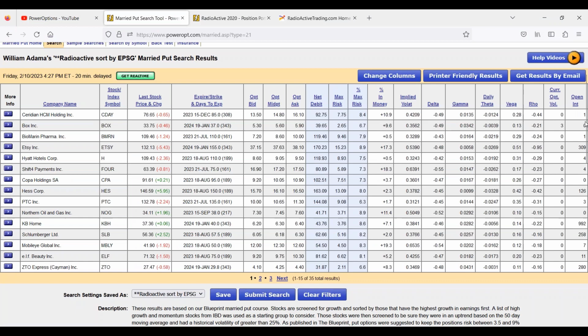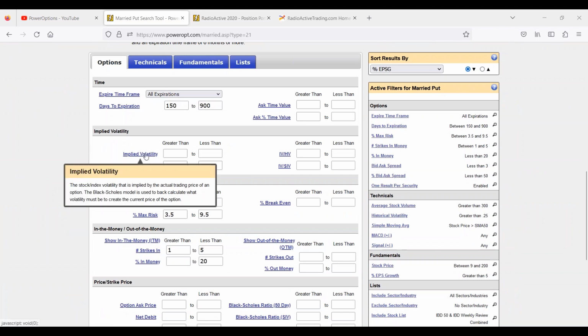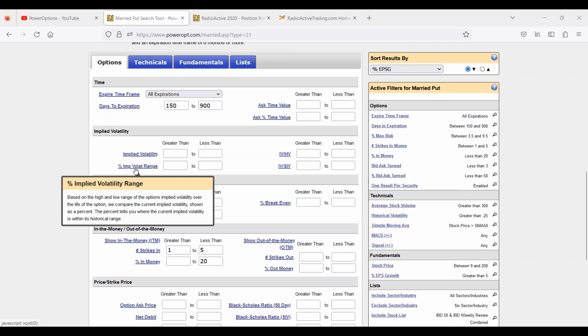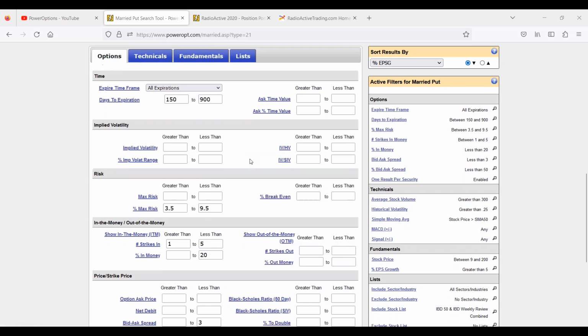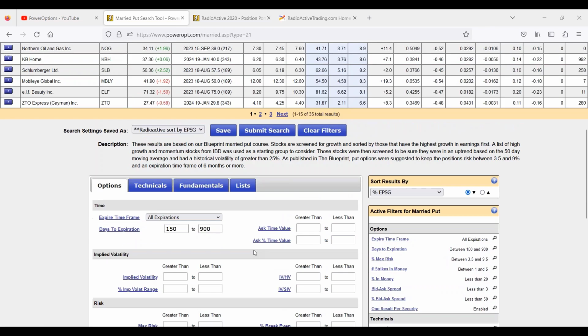Now, the reason why I want to share this is because we just quickly reviewed the criteria that are available. I can screen by implied volatility in all strategies. I can screen by the % implied volatility range in all strategies. Implied volatility over stock volatility. I can screen by delta. Other strategies, I can also screen by other Greeks.